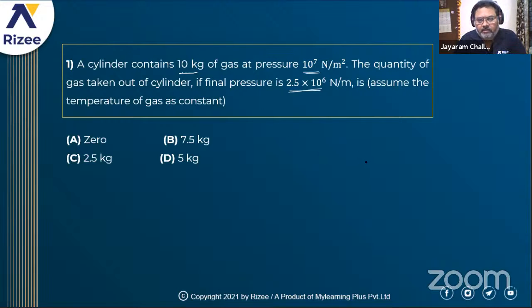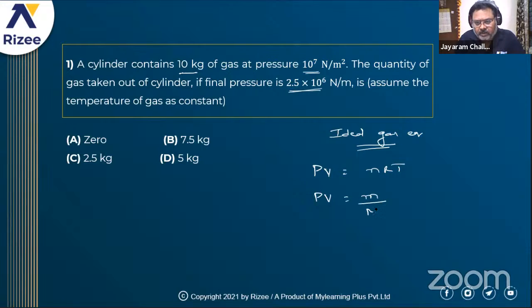So how do we relate the mass and the pressure here? From the ideal gas equation, we can go for PV is equal to nRT. That is pressure into volume is equal to gram weight by gram molecular weight into RT.